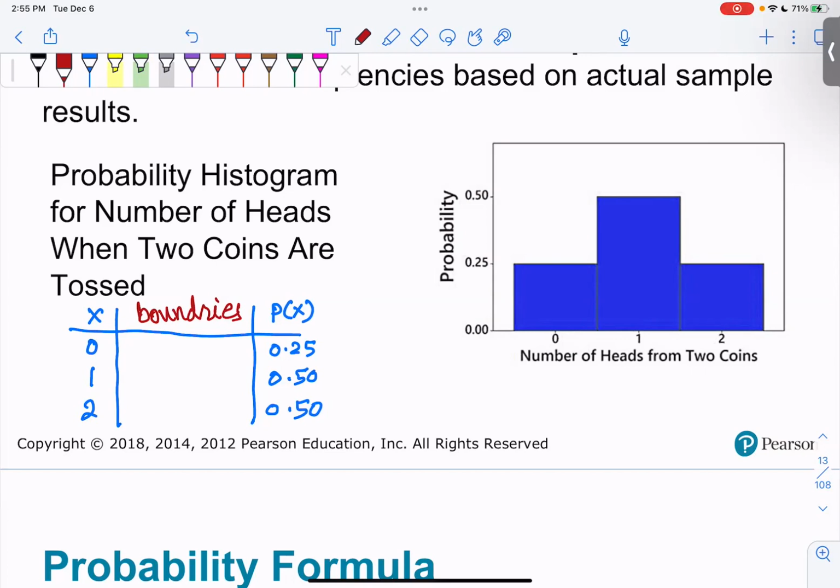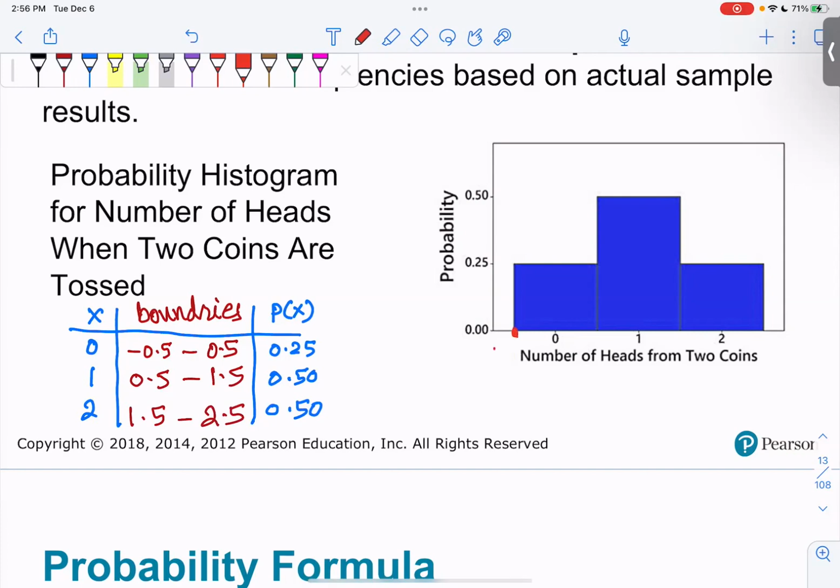Yes, so now we just have one value, so 0 minus 0.5 will be negative 0.5, and then 0 plus 0.5 is 0.5, right? And then 1 minus 0.5 equals 0.5, and 1 plus 0.5 will be 1.5. And then here it will be 1.5 to 2.5. You can see it clearly.